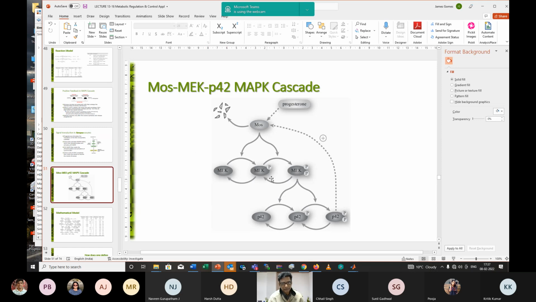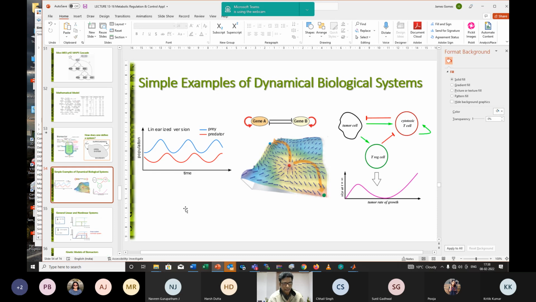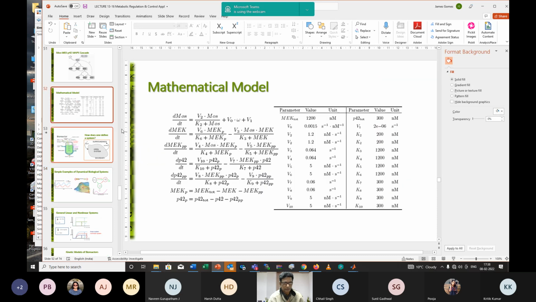And so you can see here that now it's far more complex because you have phosphorylation taking place on the MAPKs, and then the P42, which is part of this whole cascade in the case of the oocytes, that also has to be double phosphorylated. When it's double phosphorylated, it activates this, and that together will give you some kind of feature that is required here for the synthesis or the degradation of the oocytes.